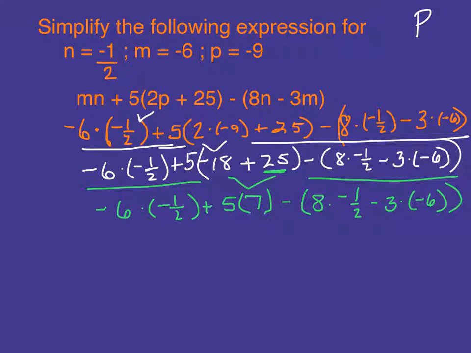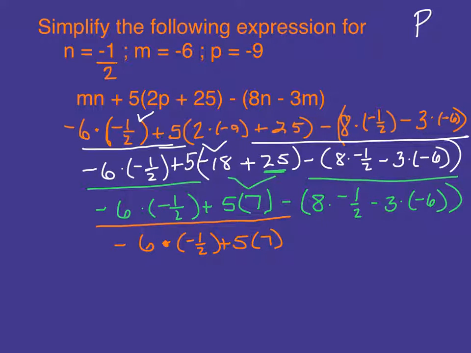Okay, so I am still working inside parentheses. I left this 7 inside parentheses, but I now need to move on to the next set of parentheses. So I've got, whoops, that is multiplication, negative 1/2 plus 5 times 7.